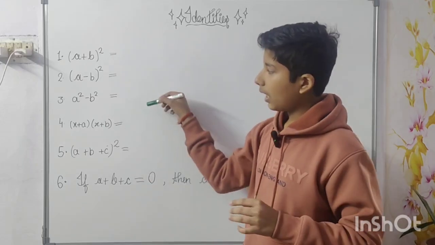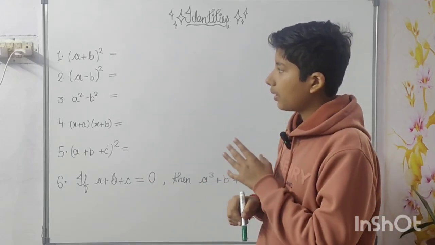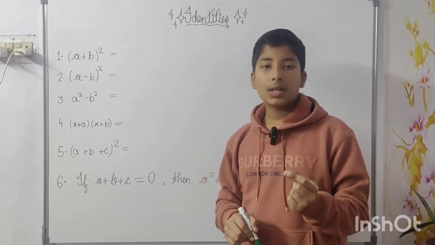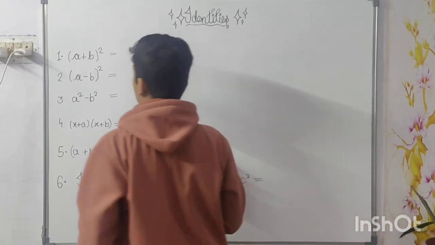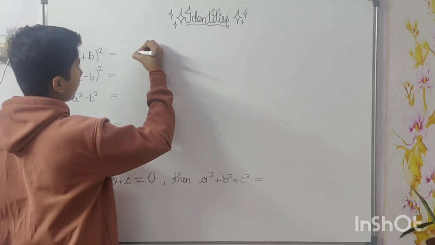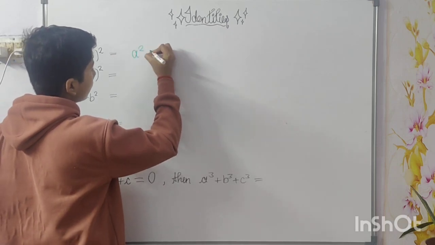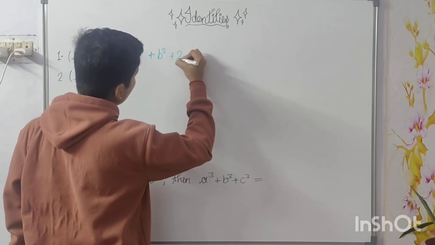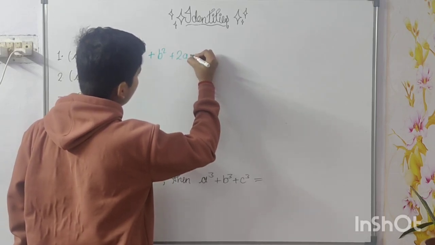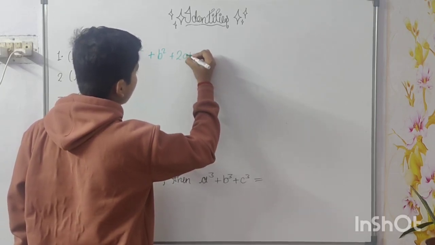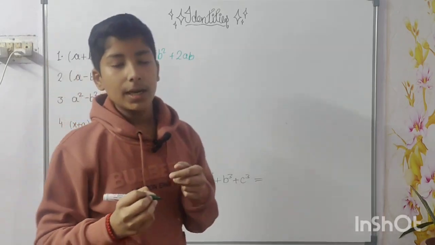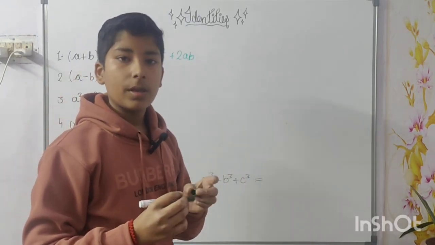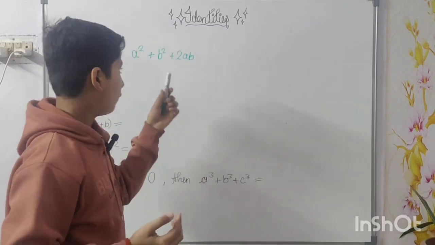As you all know, these three identities, a plus b whole square, a minus b whole square, and a square minus b square, we have studied in earlier classes. So a plus b whole square is a square plus b square plus 2 into a into b. Here a and b are two constants, and you might get them as variables also.